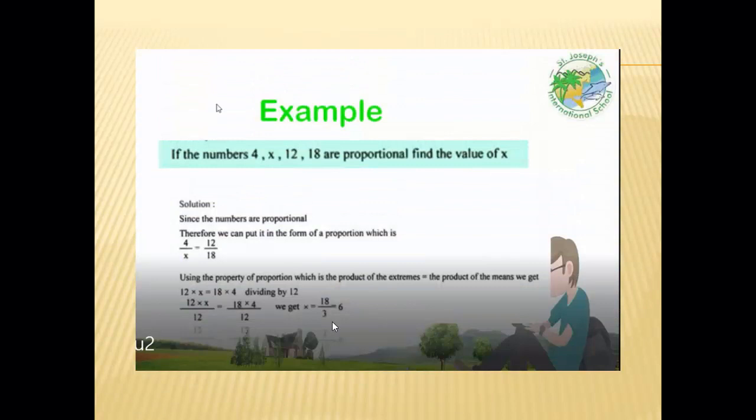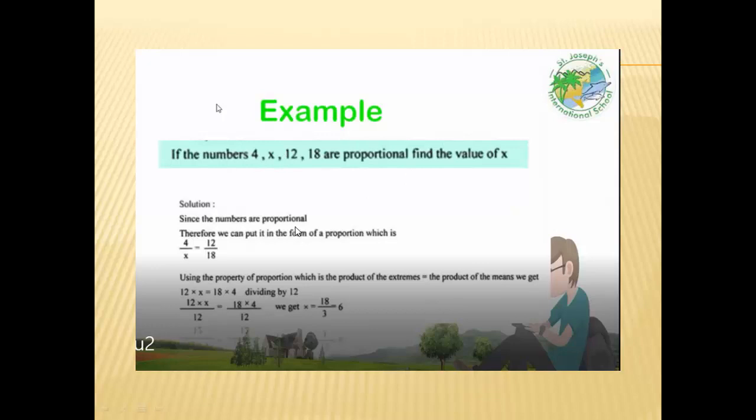Another example. If the numbers 4, x, 12, 18 are proportional, find the value of x. For this example, very important.